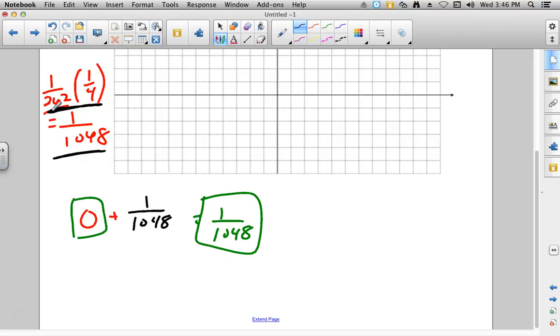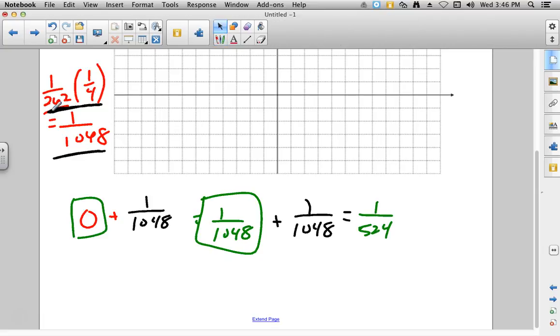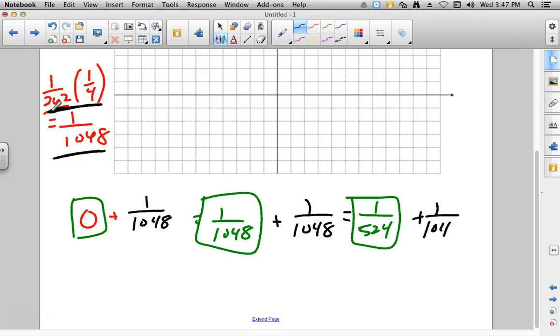Doesn't that look like fun? All right. Then we'd add another 1 over 1048, and that will give us, in reduced form, 1 over 524. Then we'll keep adding that 1 over 1,048, and that will give us 3 over 1,048.